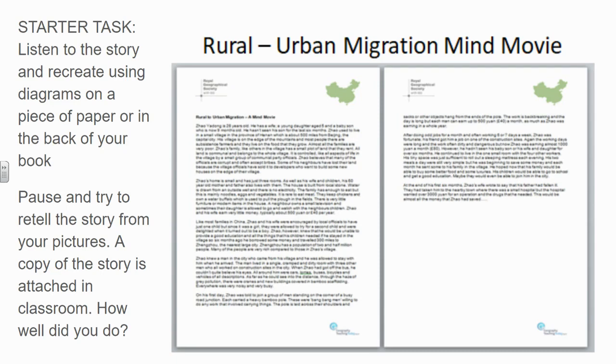Zhao's home has just 3 rooms. As well as his wife and children, his 60-year-old mother and father live with them. Water comes from an outside well, and there is no electricity. The family has enough to eat, mainly noodles, eggs, and vegetables. It's rare for them to have meat.